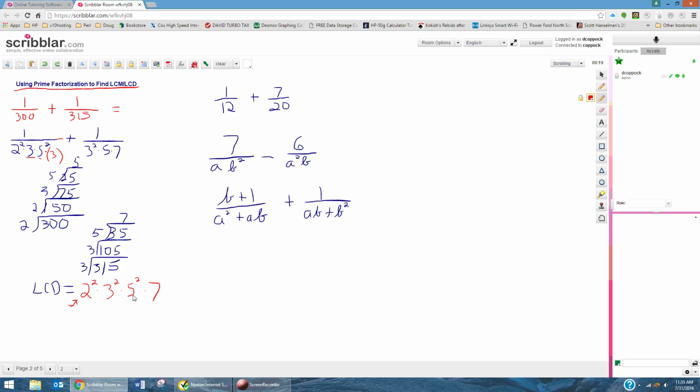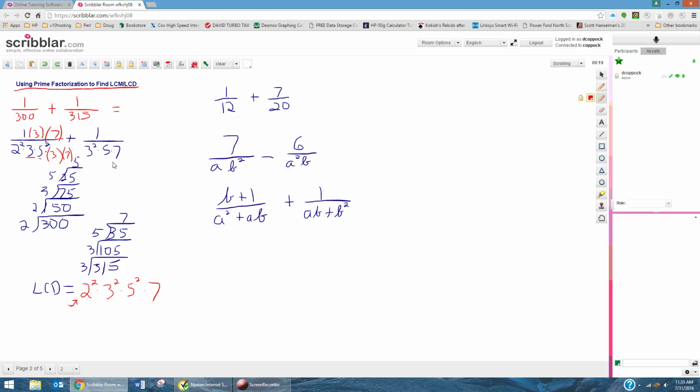I've already got a 5 squared, but I need a 7. So now this denominator looks like the LCD, so I had to multiply top and bottom by 3 and by 7.